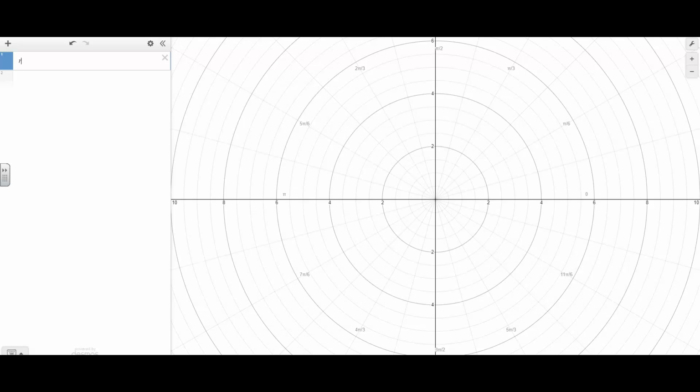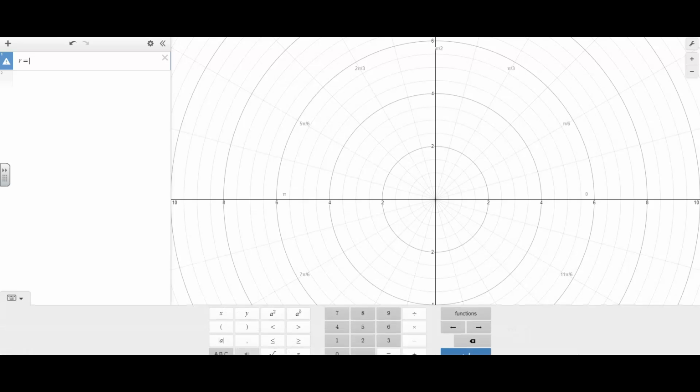I checked some things, but I didn't find anything that I liked. So I'm going to say r equals, and then I want to use the square root button. Basically what I did was I took the square root of both sides. There's a keypad down here that will give you some of the symbols, including a square root button, and so it types the square root there.